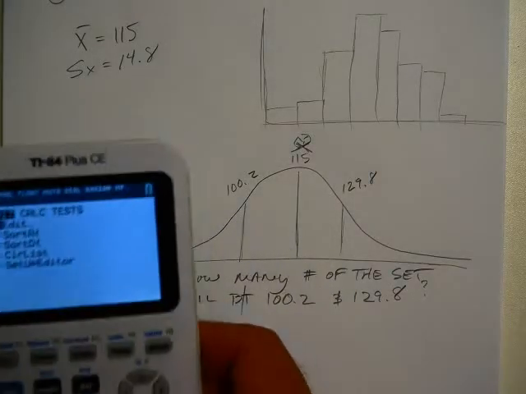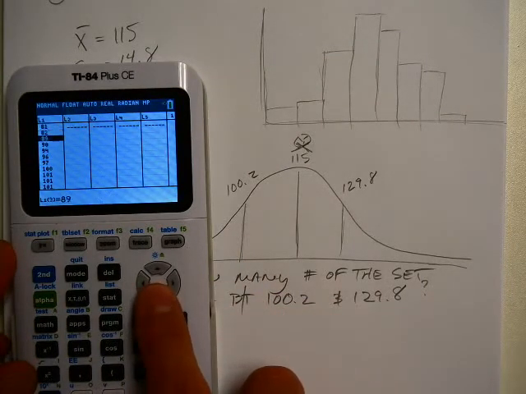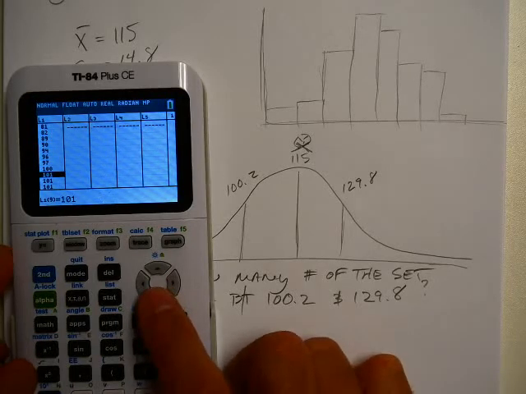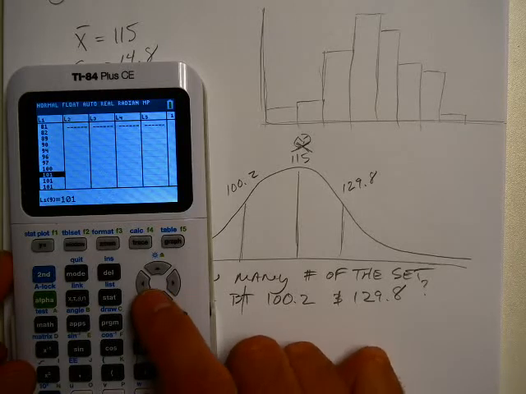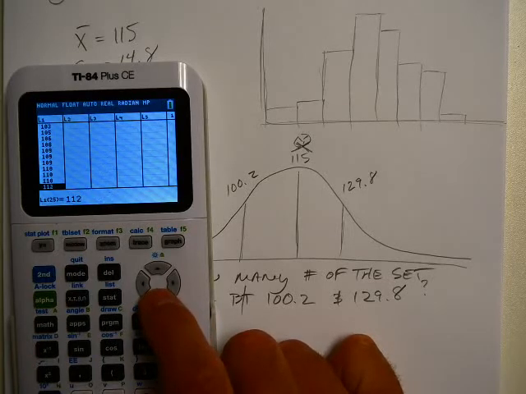So I'm going to go back into my list here, and there's probably a more efficient way to do this, but I'm looking for numbers greater than 100.2, so I can't count 100, and I'm just going to count until I get to 130. 1, 2, 3, up to 30, then 1, 2, 3, up to 11, and then I get to 130.